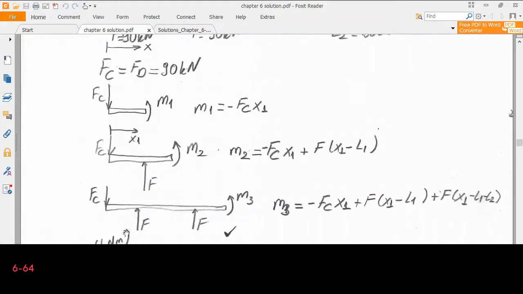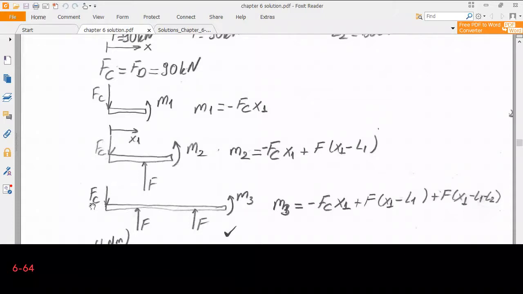Okay, now I will make the last cut. It will be between point B and D. Now I have Fc, I have F, and a second F coming from the second wheel. Certainly I will write the moment M3 in this region. So the moment generated by Fc is minus Fc x1, since it is in the same direction as the M3. Certainly the sum has to be equal to 0.